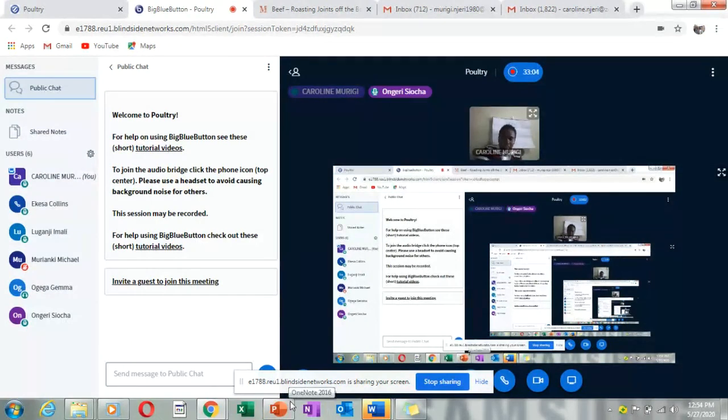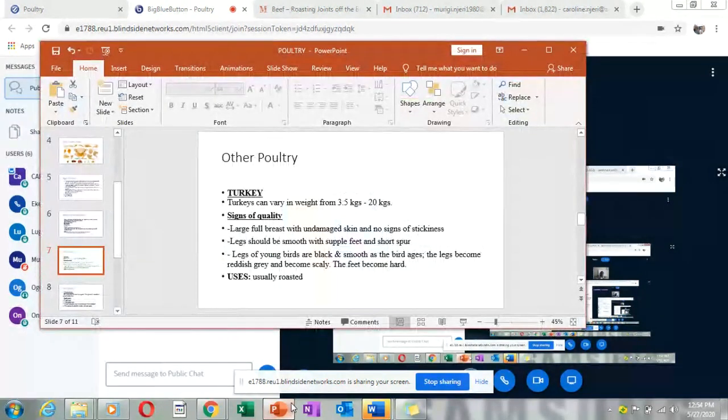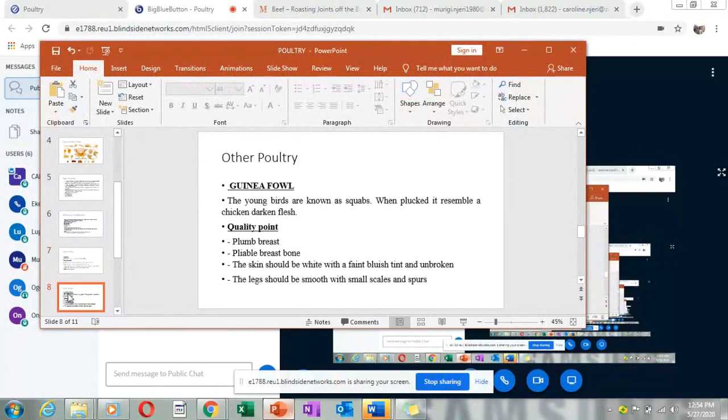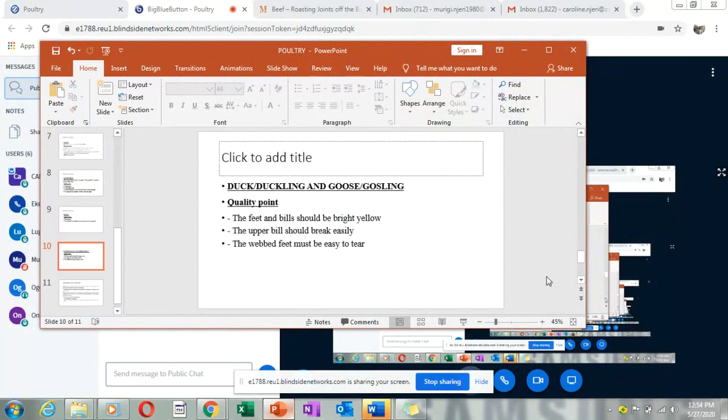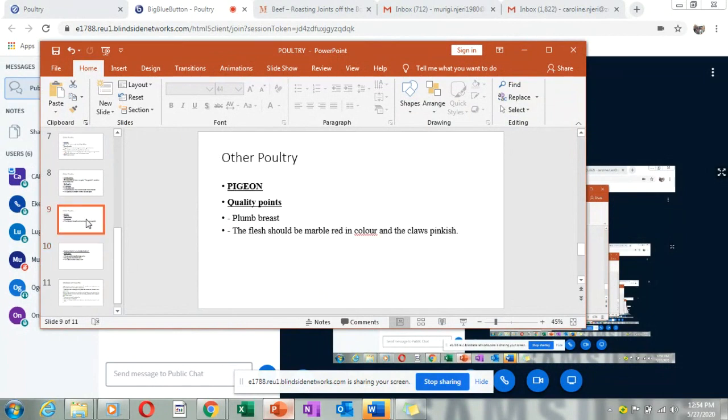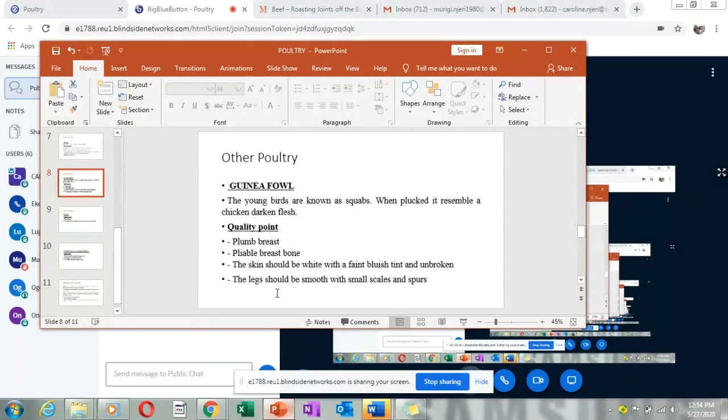Then we can look at the quality points for guinea fowl. Even the guinea fowl should generally have a plump breast, a pliable breastbone.